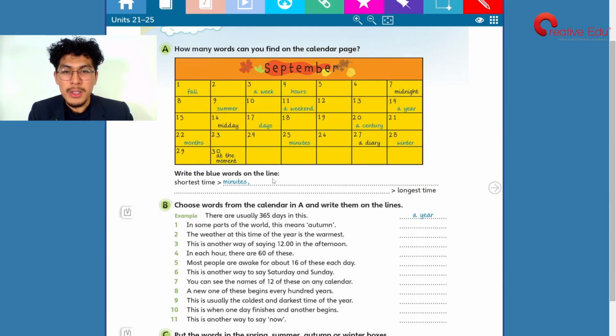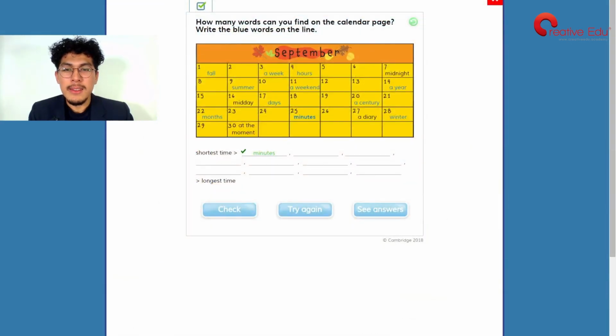Write the blue words on the line from the shortest time all up until the longest time. So let's do this. Shortest time, starting from minutes. After a minute, we have an hour. Hours. Okay, easy. Well, what comes after an hour, everybody?